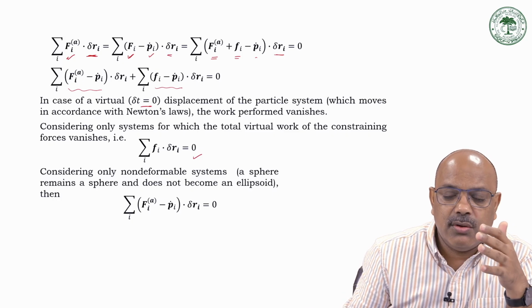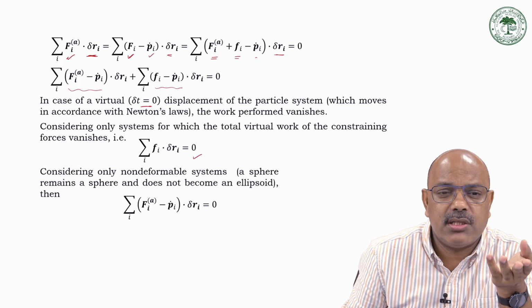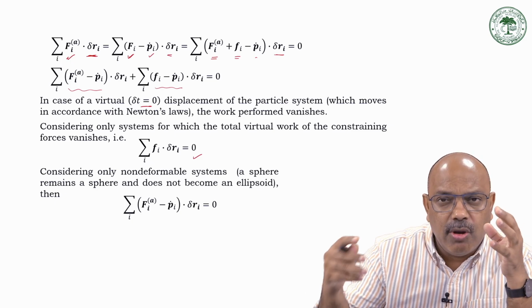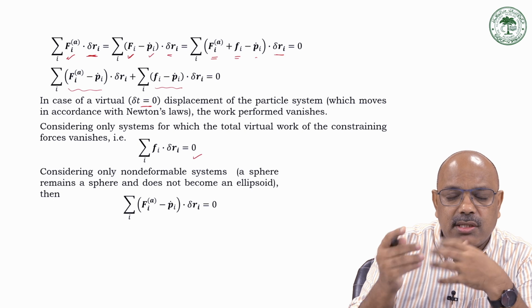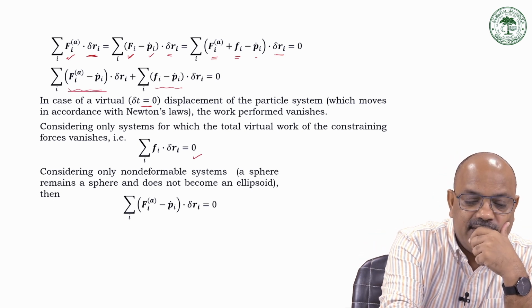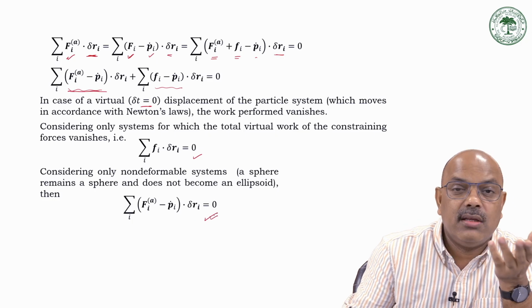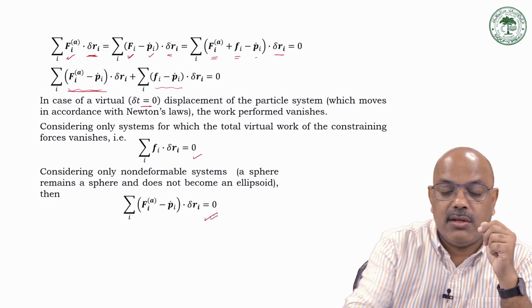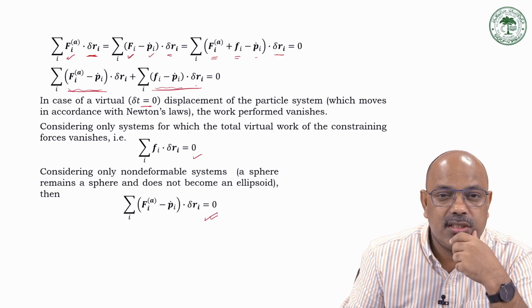Considering only the non-deformable system, when you apply the force, the system is not going to be deformed, but there is some imaginary concept. So this part which is left, Fia dot delta ri, is going to be 0, because the work done by the constraint forces is 0.